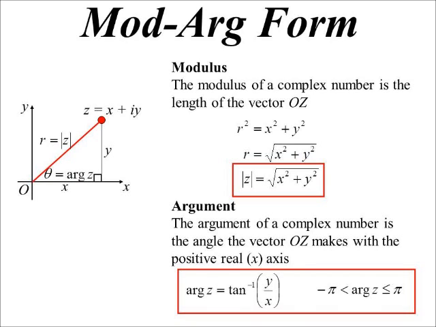Because you can't have two answers for the same point. If a point was over on the left-hand side here, yes, it's pi or 180 degrees, but it's also negative 180 degrees. We pick the positive one. So that's why pi is included, but negative pi is not included. If it's on the axis, we'll use positive pi.